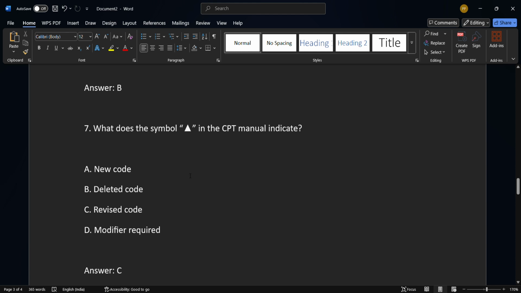The triangle is related to revised codes. You have to understand the concept of every symbol, full stop, colon, comma, everything. You should know what each symbol indicates. Here the triangle symbol indicates a revised code.